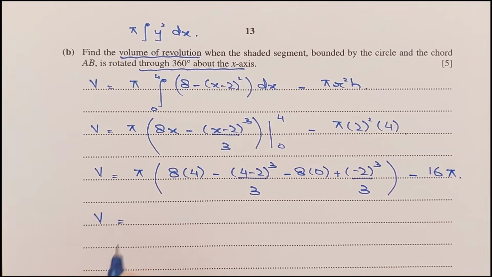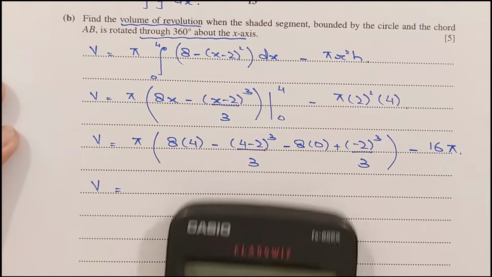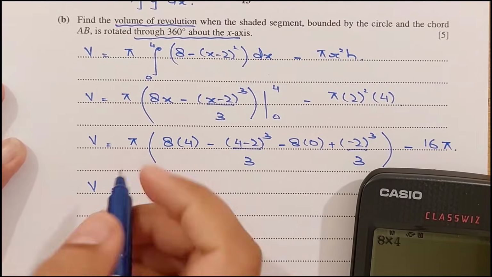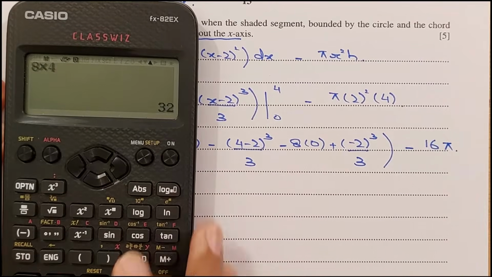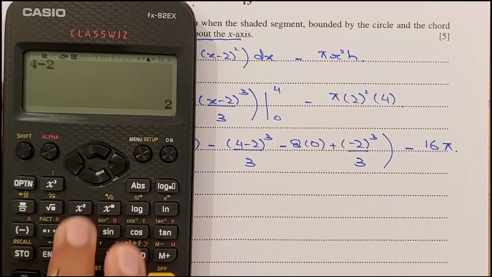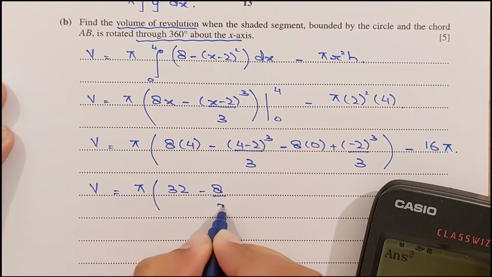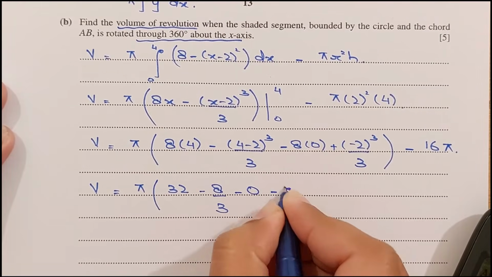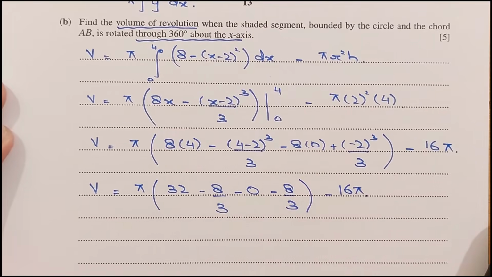So the volume of revolution, let me simplify this. 8 times 4 is 32, and 4 minus 2 is 2, 2 cubed is 8, so minus 8 over 3, minus the lower limit, which is negative 8 over 3, minus 16 pi.